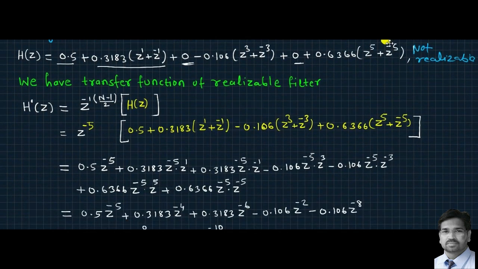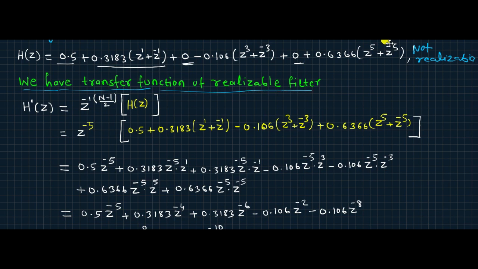So we are delaying here, to get the transfer function of a realizable filter. How to obtain the transfer function of a realizable filter? By multiplying H(z) by z^-(N-1)/2.